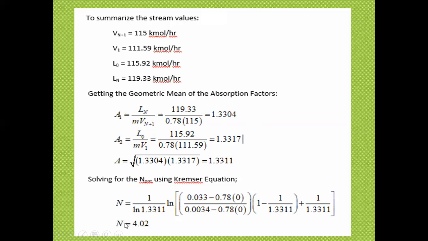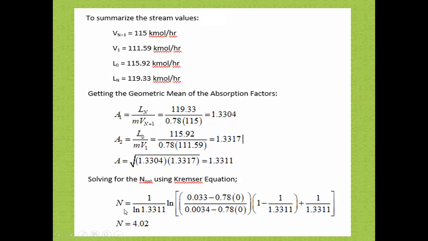And the rest is just a substitution to the Kremser equation for determining the theoretical number of stages. So we use the same equation in determining the optimum number of stages, but this time you're using the streams that are already optimized. This one is already the optimum solvent requirement based on the minimum. This one is already the optimum solvent carrying with it the recovered ethyl alcohol.